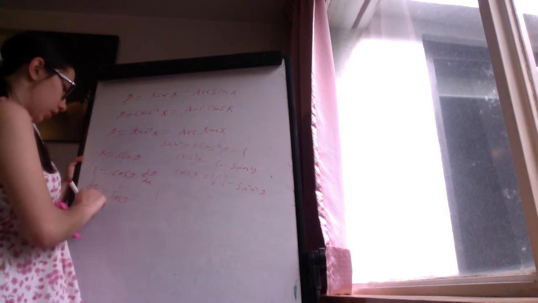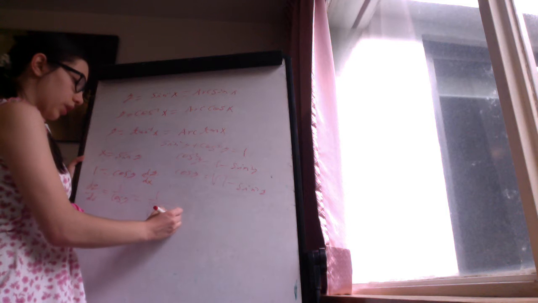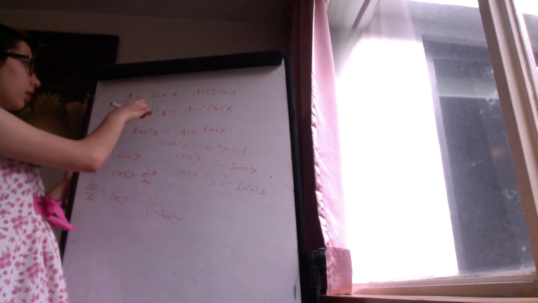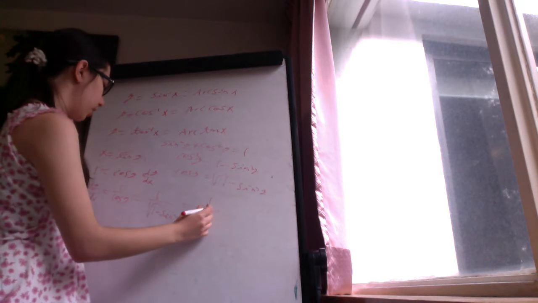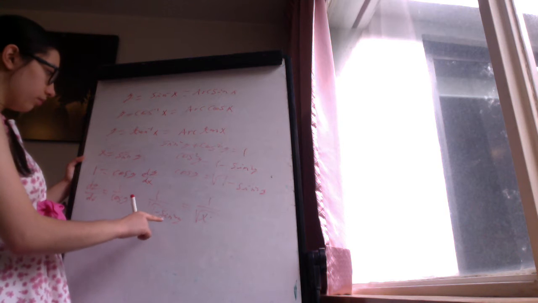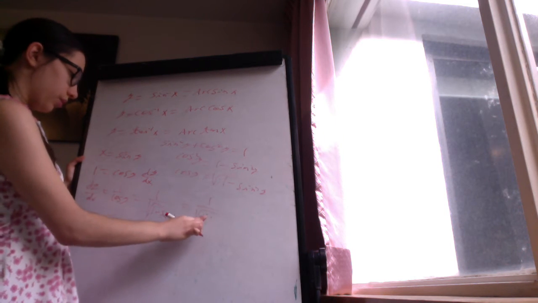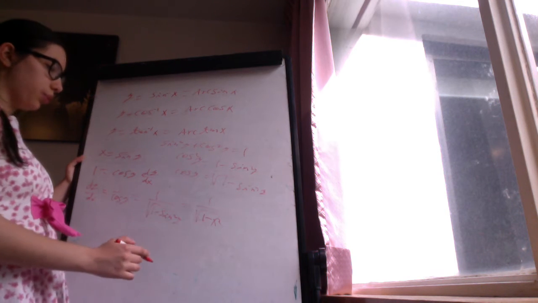So dy dx is equal to 1 over the square root of 1 minus sine squared y, and sine of y is x. So 1 over the square root of 1 minus x squared.